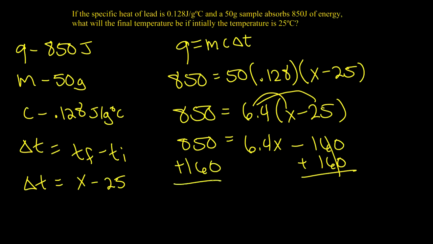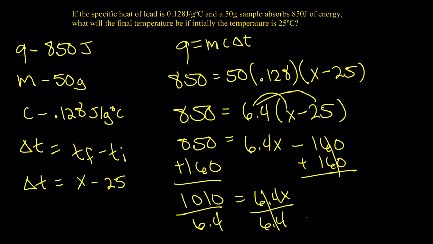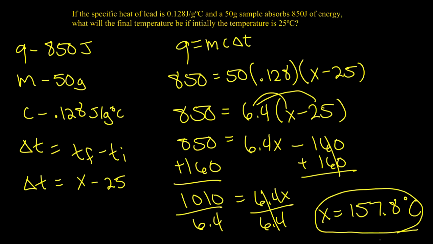Plus 160, 850 plus 160 gives me 1010 equals 6.4x. Divide by the value with x, that cancels. So 1010 divided by 6.4 gives me 157.8 degrees Celsius, since we're looking for a temperature. So there is our final answer, or our final temperature rather.